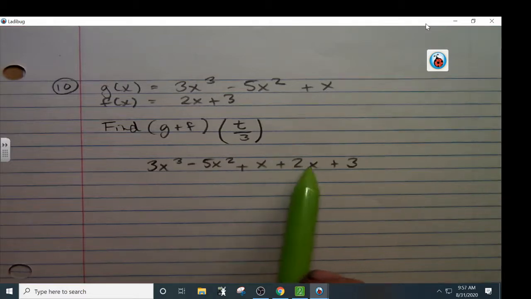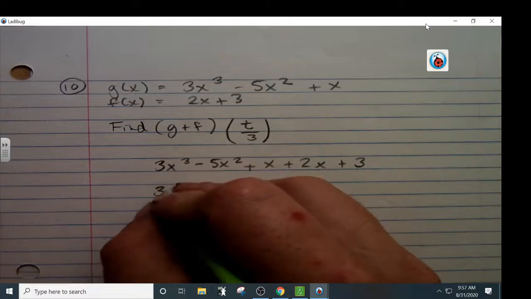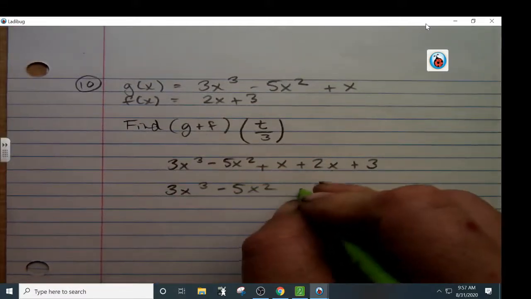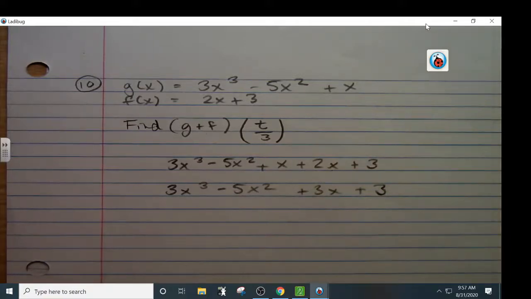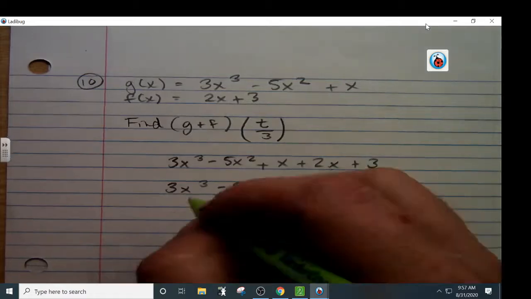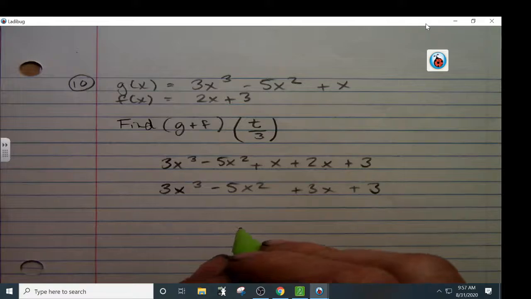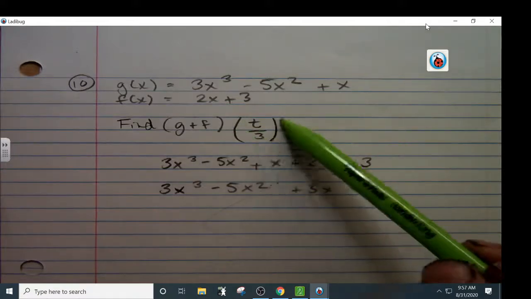Well, right here I do have two like terms, so I'm going to add those next. So 3x cubed minus 5x squared plus 3x plus 3. Now, guys, since we got it added together and cleaned up, we're going to substitute that in and then evaluate.